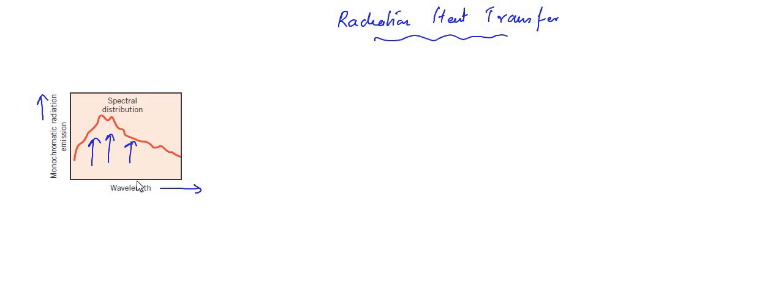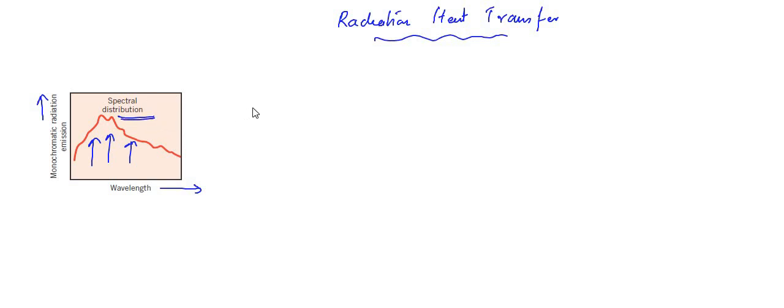So it not only depends on the wavelength. Now this kind of nature is called the spectral distribution.